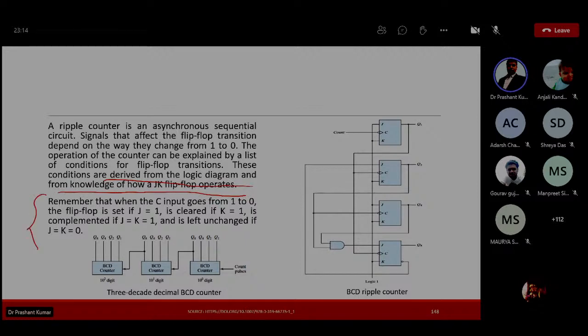Remember that when the C input goes from 1 to 0, the flip-flop is set if J is 1, cleared if K is 1, complemented when J and K are both 1, and left unchanged if J and K are 0. So it is again the operation of the JK flip-flop.